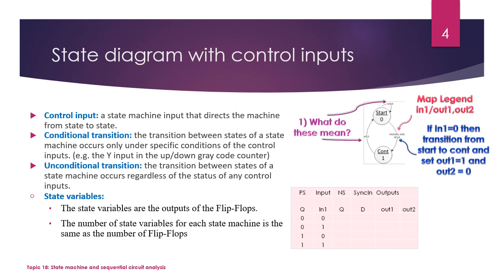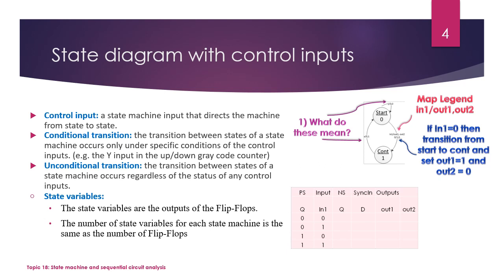Because this always happens. But there's another condition not mentioned here: no matter whether it's a conditional transition or an unconditional transition, the state machine always needs an active clock signal to make the transition.